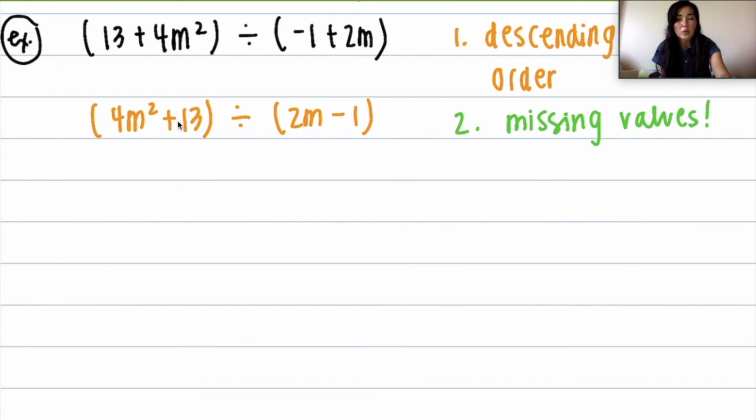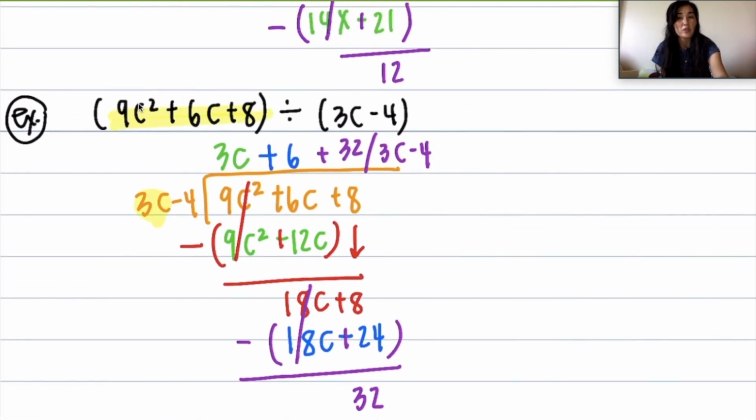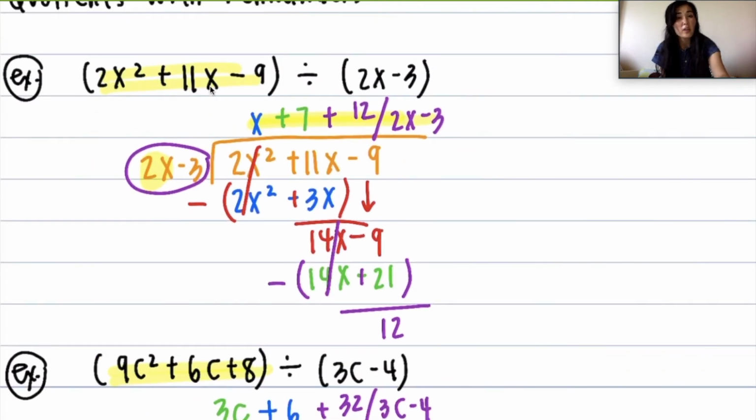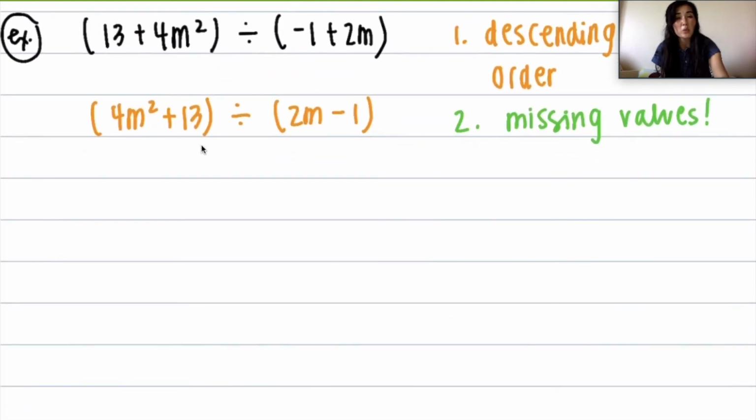If you guys will notice in this first term here, you actually don't have an m. Everything that we divided here had a middle term, c squared and a c, x squared and an x. In this problem here, we have an m squared, but we don't have an m, so we have a missing value here. So what I might suggest is putting in a placeholder value.